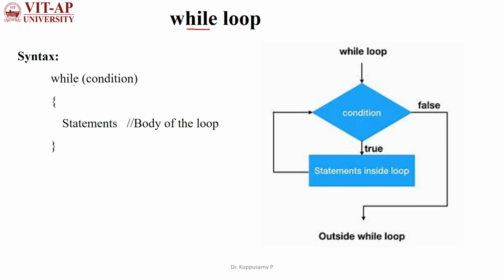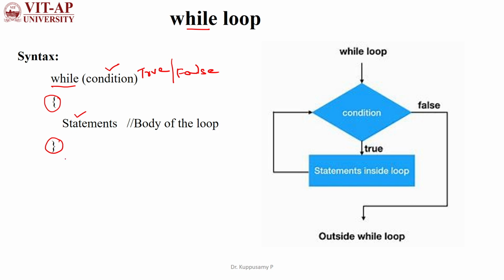The while is the keyword, then we have to give the condition using the relational operators. If the condition becomes true, then the statements available inside the curly braces will execute. If the condition becomes false, then these statements will not execute.